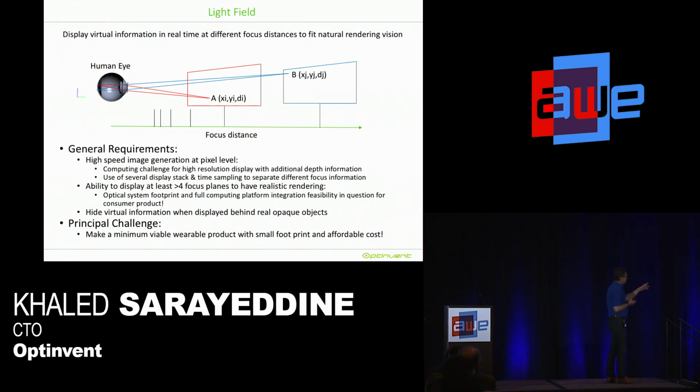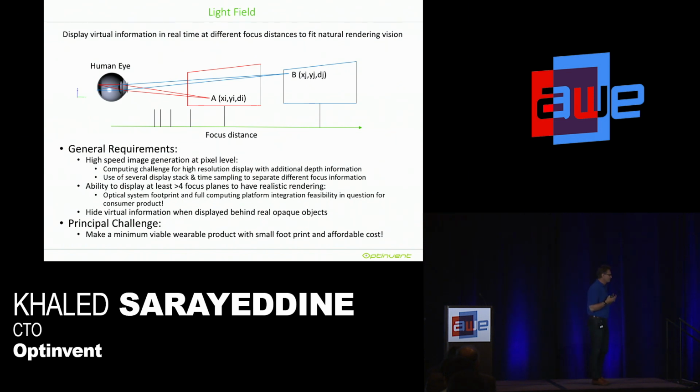And if you see this focus distance, in order to have a display like the eye, you need different focus distances. And you need more focus distances when you are close to the eye. So in that case, you need the ability to display, for example, at least 4 focus planes to have a realistic rendering, not 2, like other products now announcing.